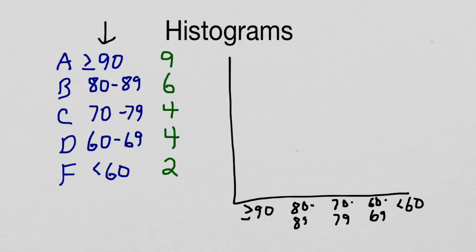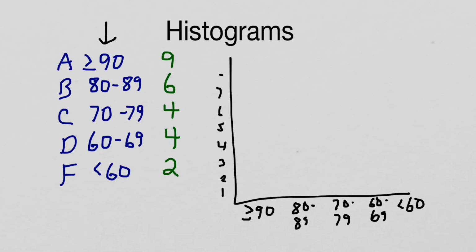Let's make these red this time. Let's put the numbers off to the side. The frequency is going to go on this left side: 1, 2, 3, 4, 5, 6, 7, 8, and we only have to take it up through 9.